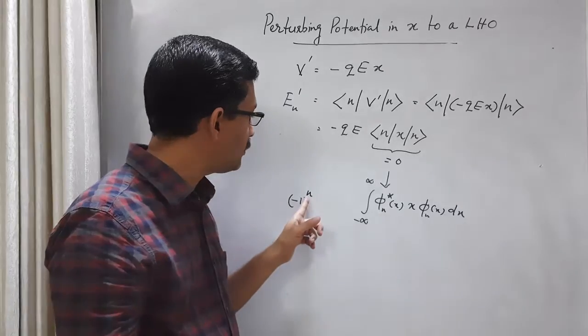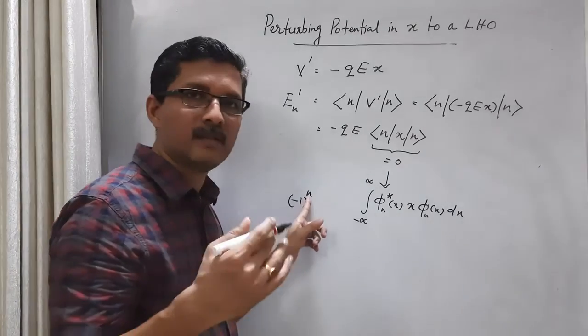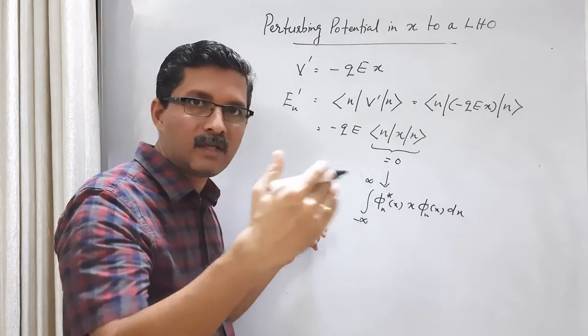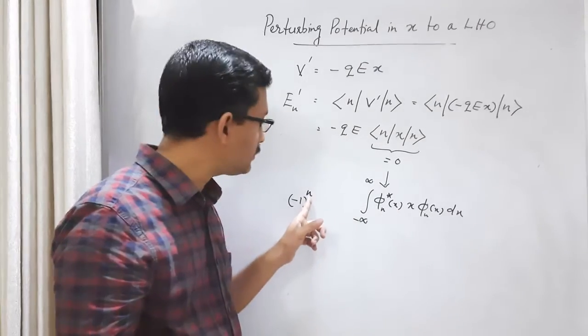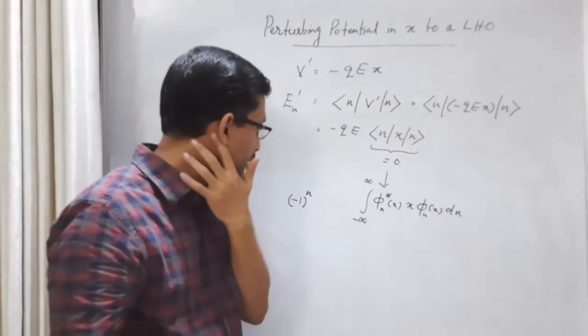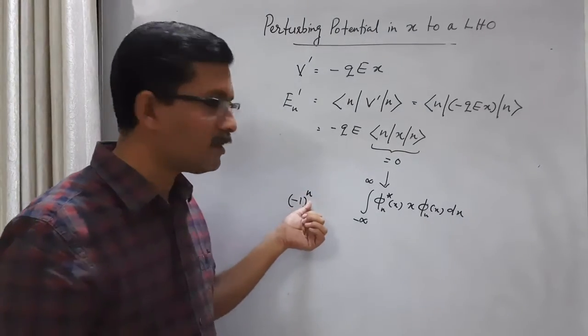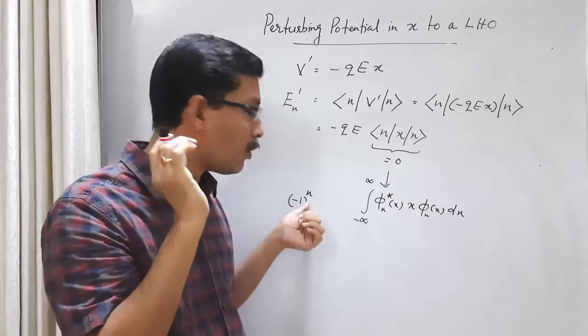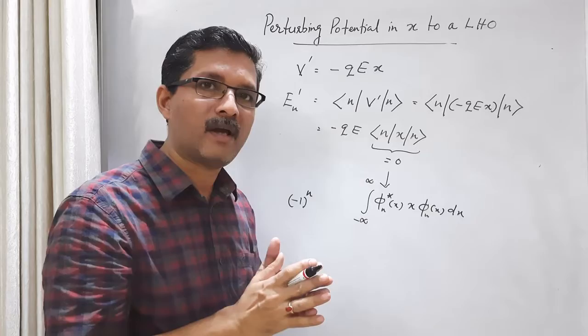For example, for n equal to 3, the Hermite polynomial contains x cubed and x terms only. For n equal to 4, x to the 4 and x squared terms only, even powers only. So if n is even, these polynomials have even parity, and if n is odd, they have odd parity.